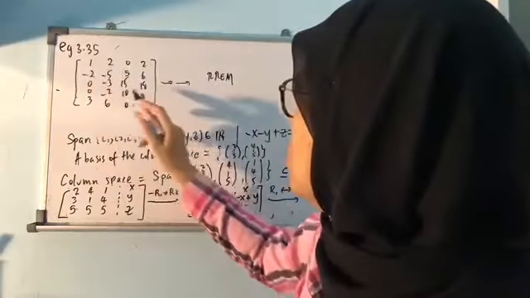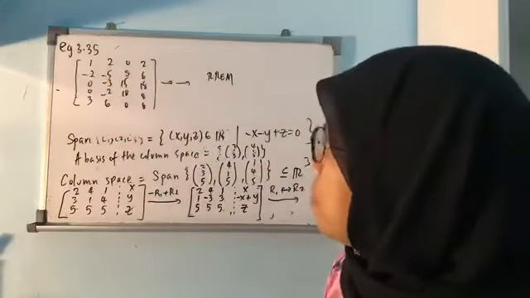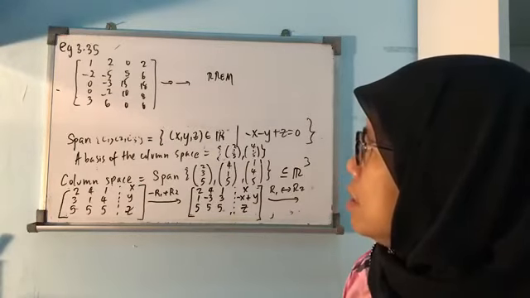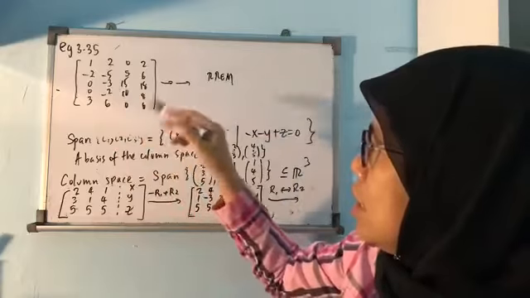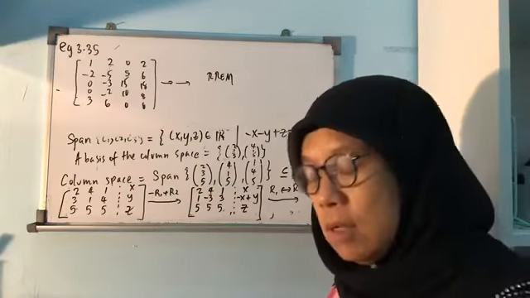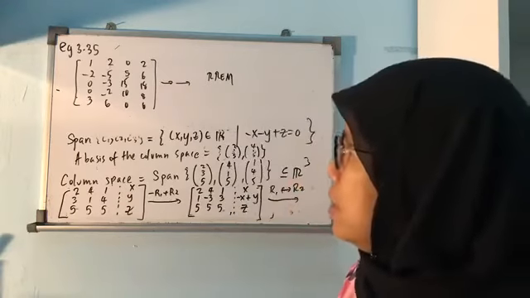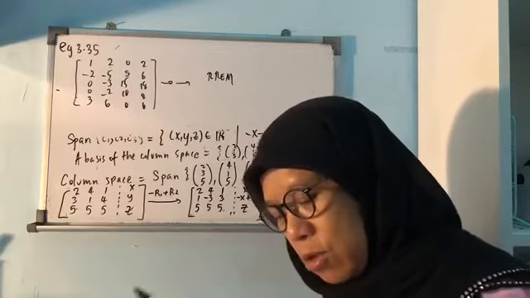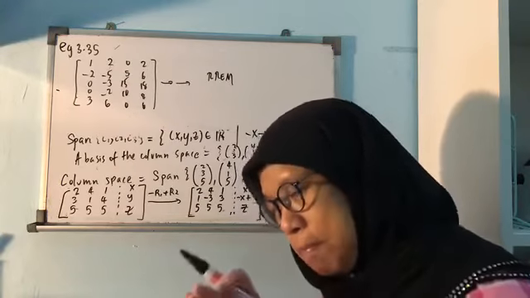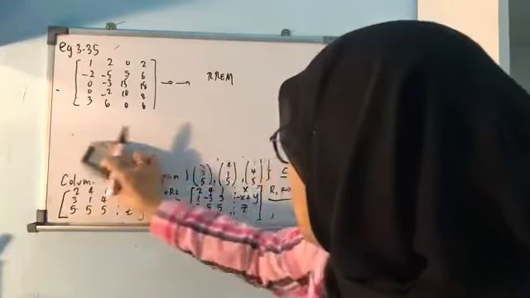Suppose when we reduce, you see this is 1, 2, 3, 4, 5, but only 4 columns. So at most 4 leading ones. Then you choose the leading ones, and then you just take the original vectors as the basis. For this one, the difference is I write as row, and then you reduce, and you just pick the non-zero rows as the basis.